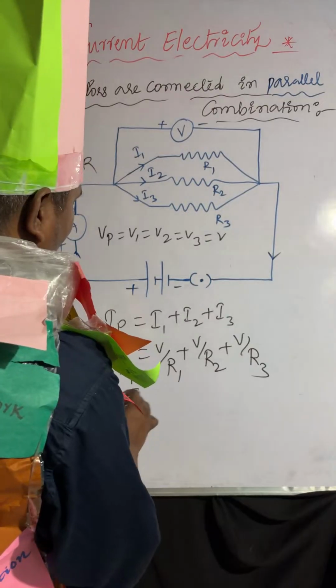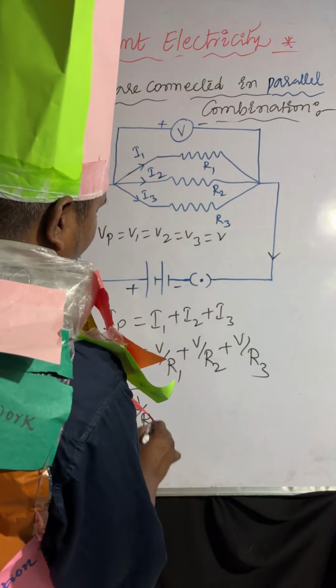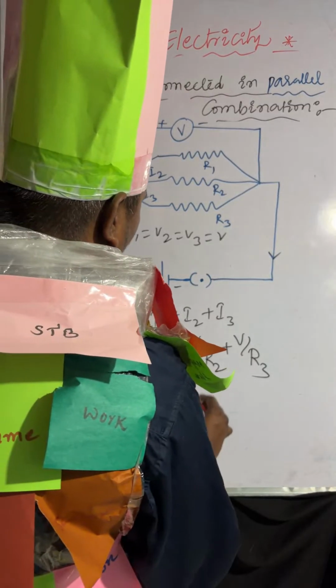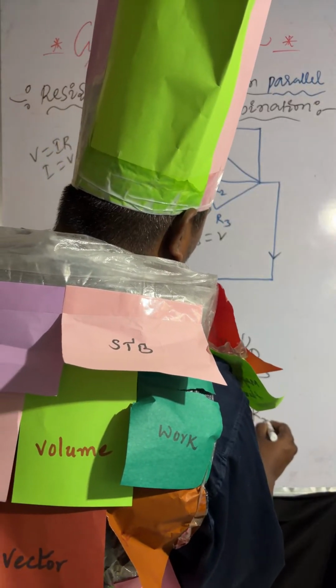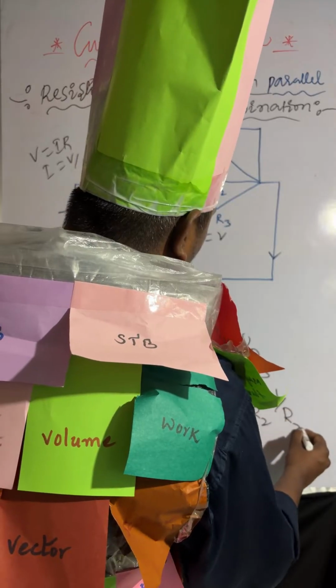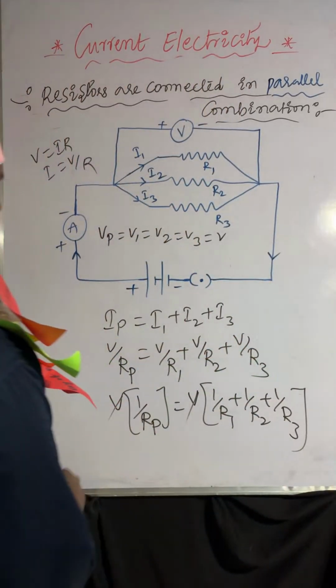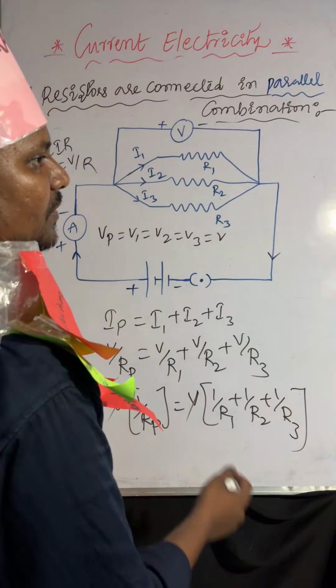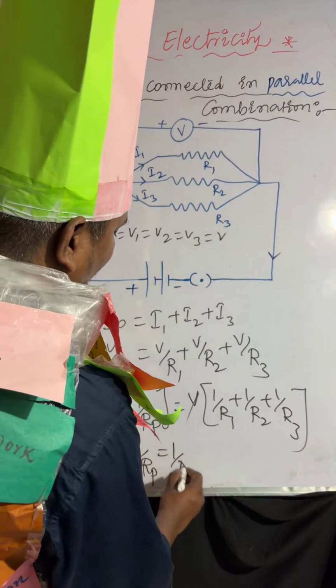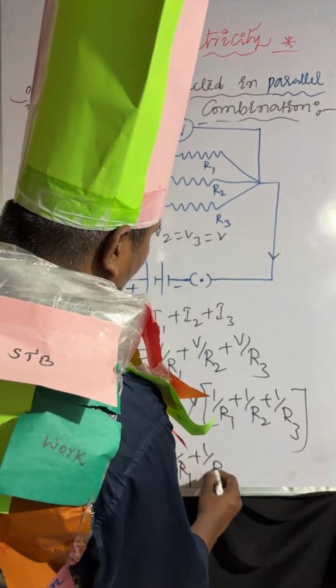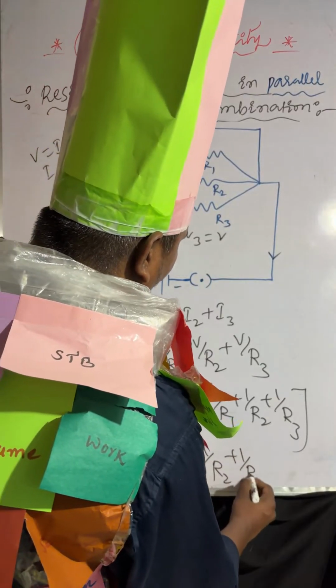Then V I am taking common: 1 by Rp equal to V times (1 by R1 plus 1 by R2 plus 1 by R3). So V gets cancelled. So 1 by Rp equal to 1 by R1 plus 1 by R2 plus 1 by R3.